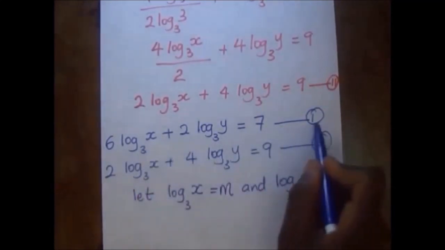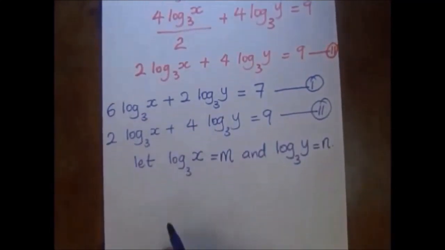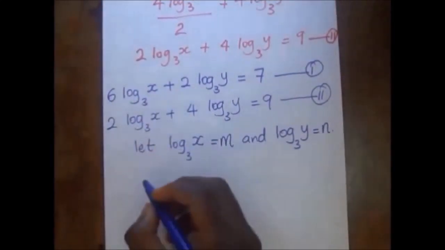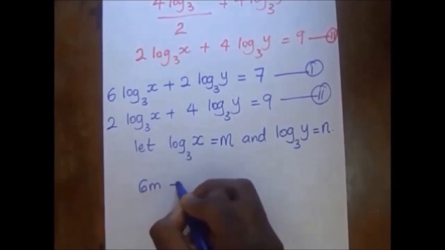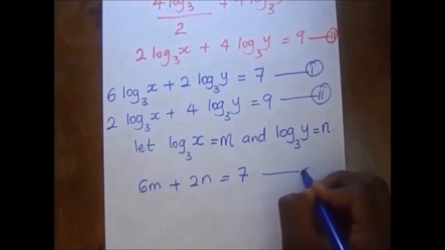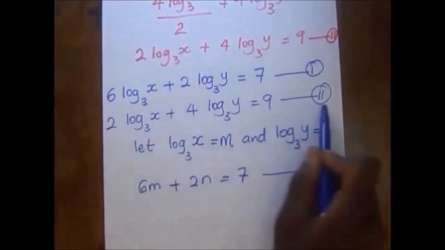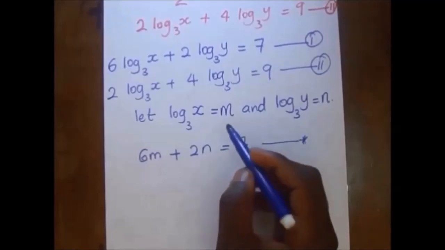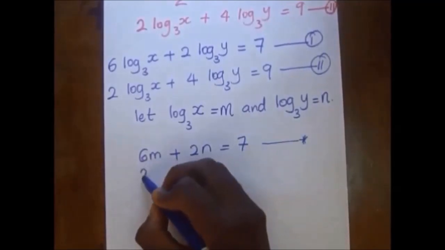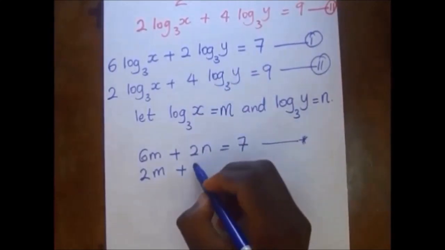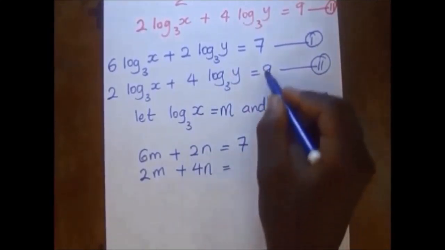It means that our equation 1 is going to become 6m plus 2n is equal to 7. That's one of them. Then our second equation is going to become 2m plus 4n is equal to 9.